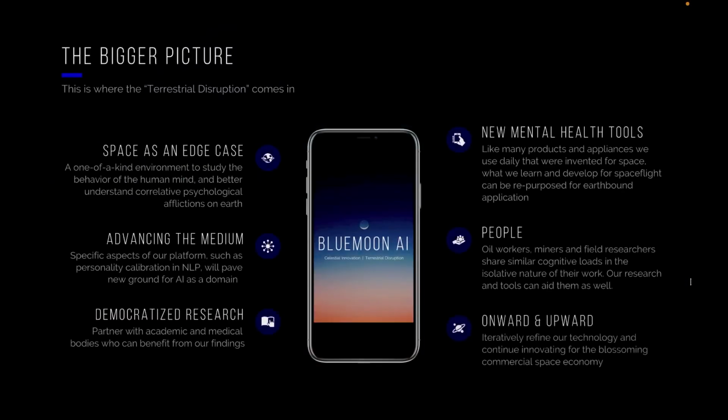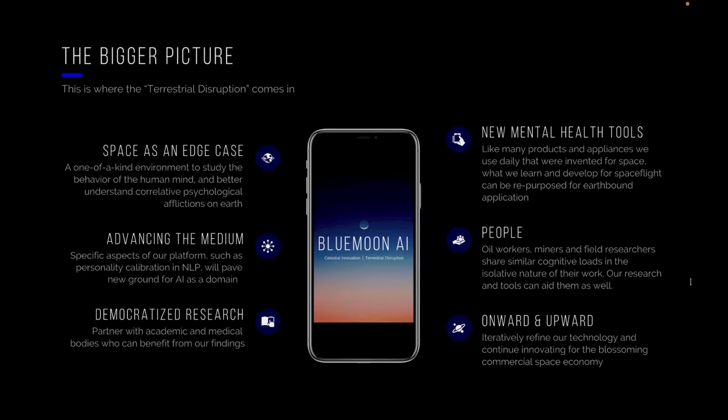So this is really important, and this is the big picture, and it goes to show the long-term goals of using space as an edge case, and that's from advancing the medium that we're utilizing. So as I mentioned earlier, NLP.